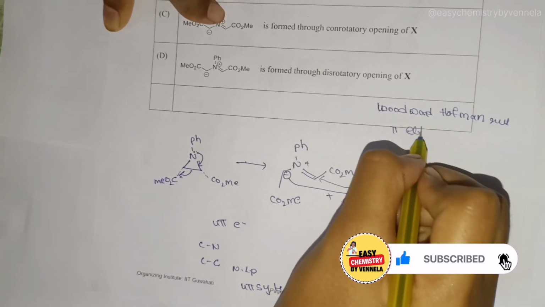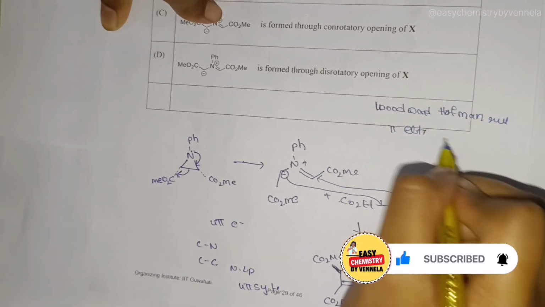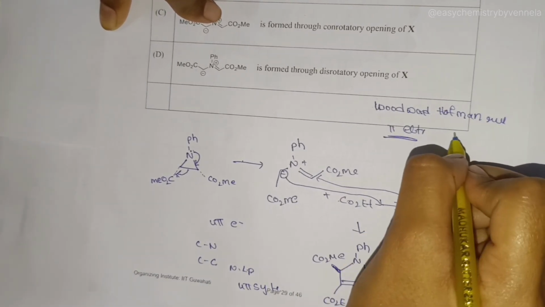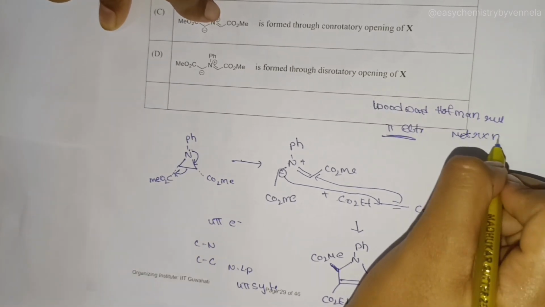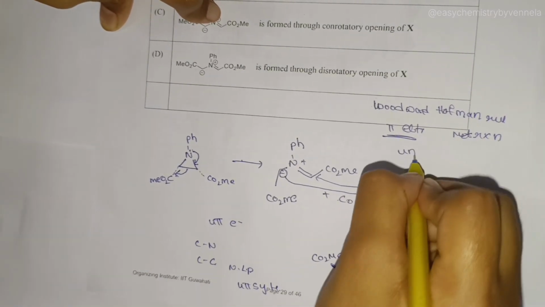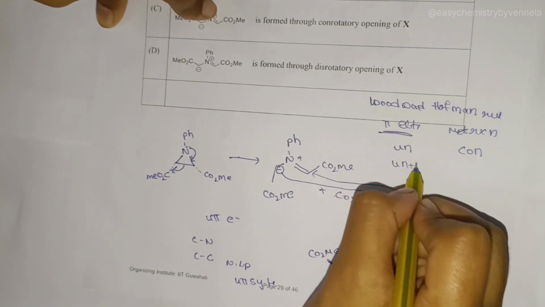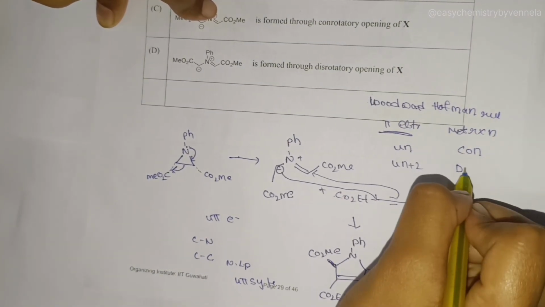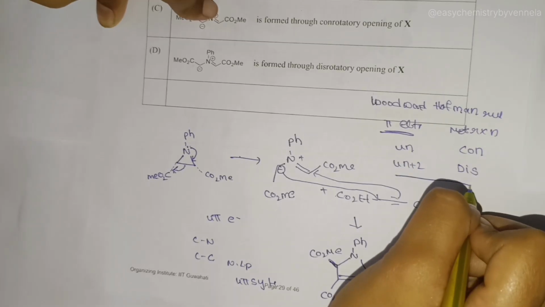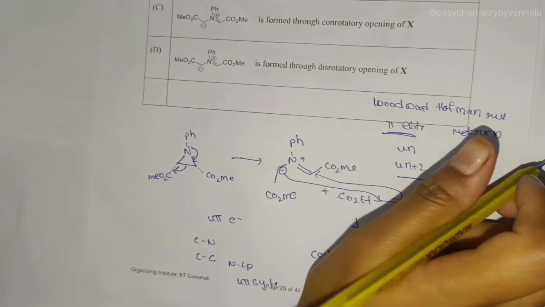Here the number of pi electrons and reaction: 4n means conrotatory, 4n plus 2 means disrotatory. You can remember this.